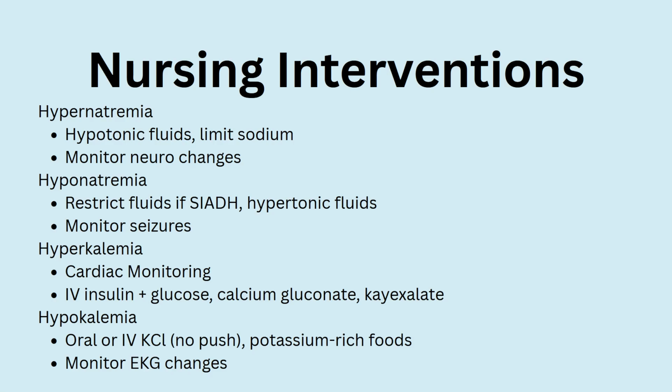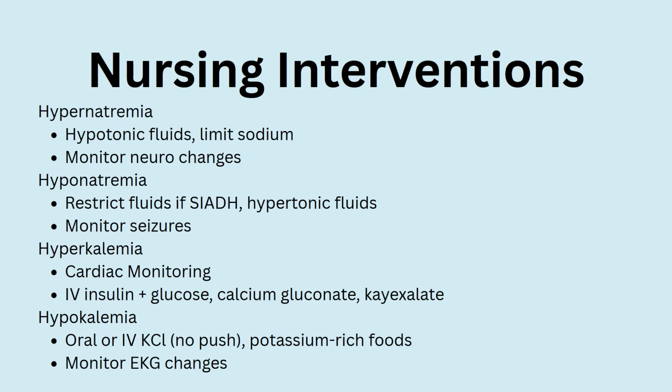And for hyperkalemia, which is a high potassium, we should always monitor their cardiac rhythm, basically the heart rate and everything. What we should do is IV insulin plus glucose, give them calcium gluconate and Kayexalate.